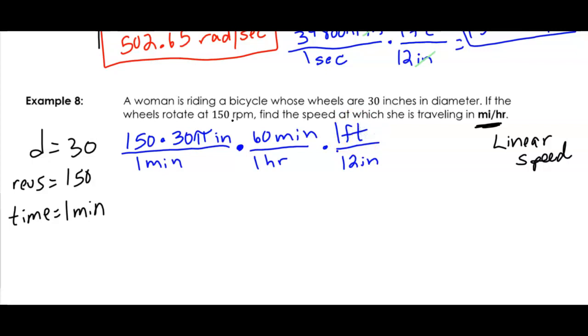Okay, so 12 inches and 1 foot. So see, my inches are on top here, inches on bottom here. So now we're in feet. We have to go to miles. So we want feet on the bottom now, since our feet were on top here. We want them to cancel. And then 1 mile is 5,280 feet.